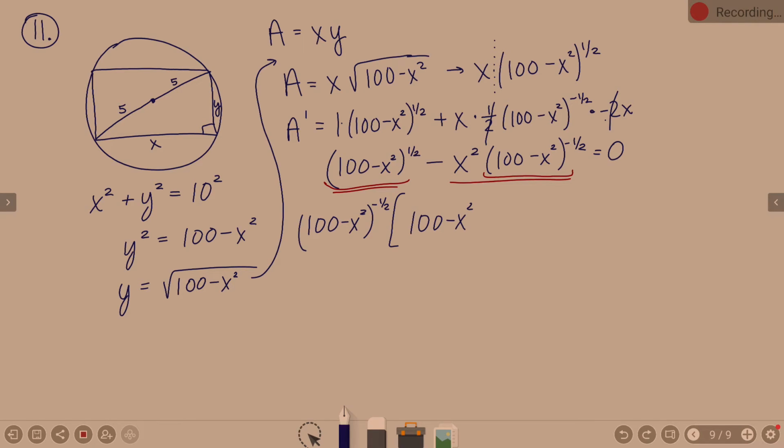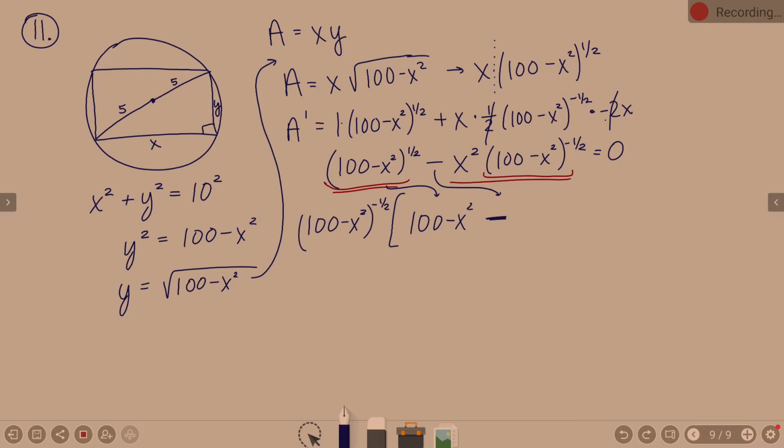However, do I need to put that to the first? I don't need to put that to the first. And so what I have there is just the 100 minus x squared, and that comes from that right there. Okay? Now, we are subtracting, yes? So I'm going to say minus.